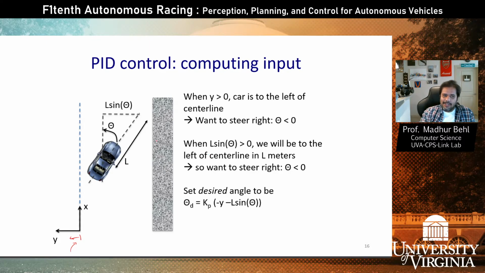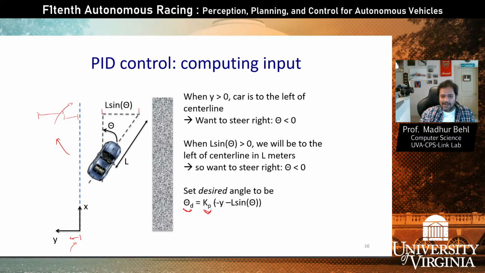And similarly, when L sine phi is positive and we are left of the center line, so this distance is over here, you are facing this way and you are away from the center line, we want to steer right as well. Therefore, we can set the steering to be some value proportional to the error term.